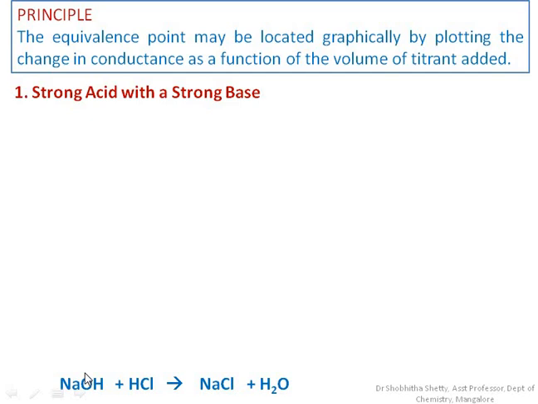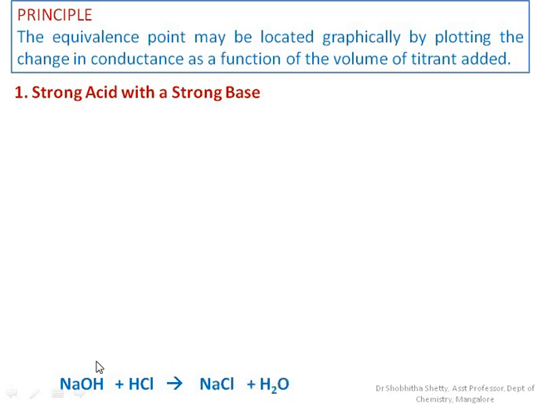You can represent the reaction between acid and base like this. When NaOH is added to HCl, what happens? The acid H+ is replaced by Na+ ions, along with the liberation of a water molecule.